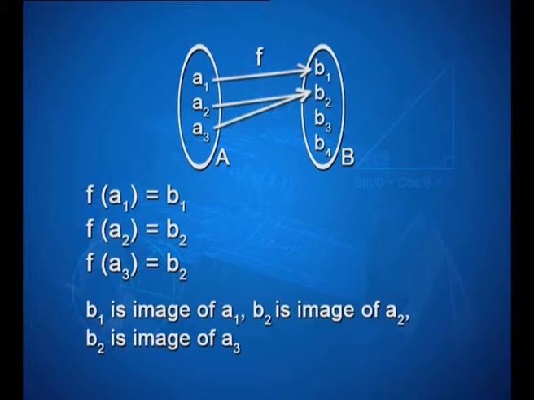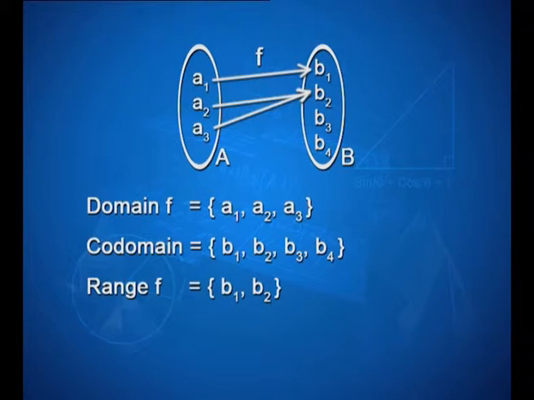In other words, a1 is the preimage of b1, a2 is the preimage of b2 and a3 is the preimage of b2. In this example, the domain of the function f is set A which contains elements a1, a2, a3, the codomain of the function is set B and the range of the function is the set of 2 elements b1 and b2.